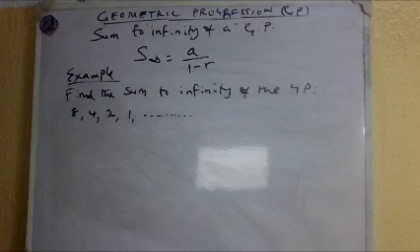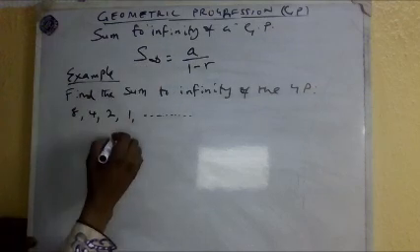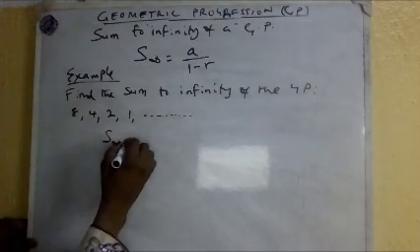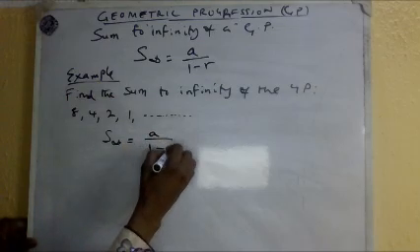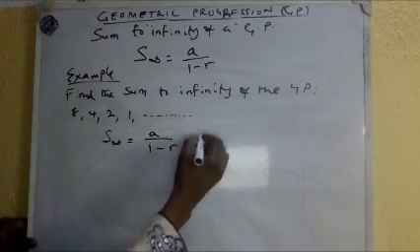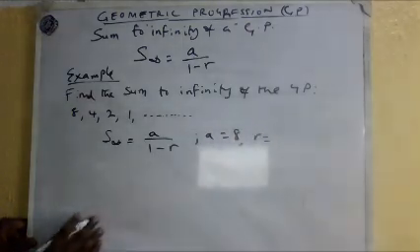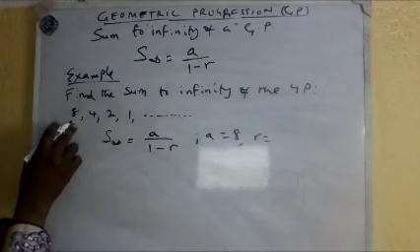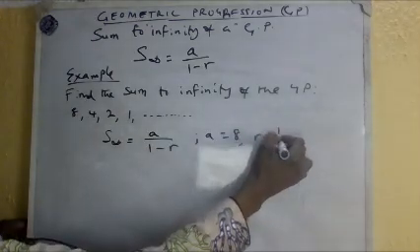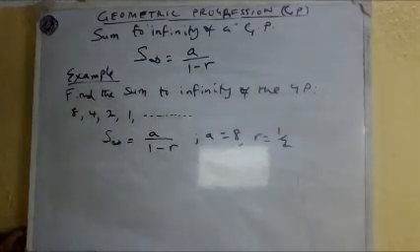So the solution is to use this formula. S to infinity is equal to A over 1 minus R. What is A? A is 8, and R is what? 4 divided by 8 is a half. 1 over 2.